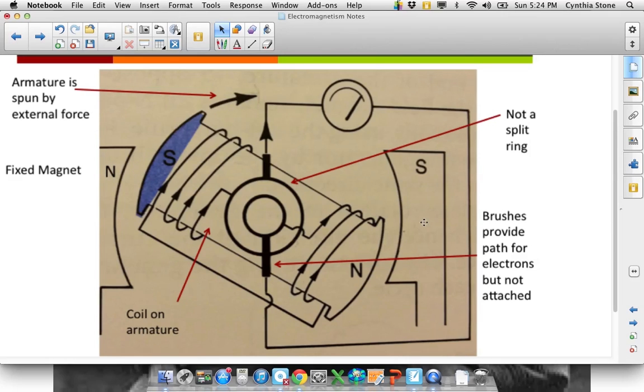This is the fixed magnet again. There's my armature, my coil, all that stuff. So what's happening here is I'm forcing this to move, right? So what you should remember from Lenz's law is I'm forcing it to move, so this has got to be the south end of the coil because I have to work to pull it away from here.